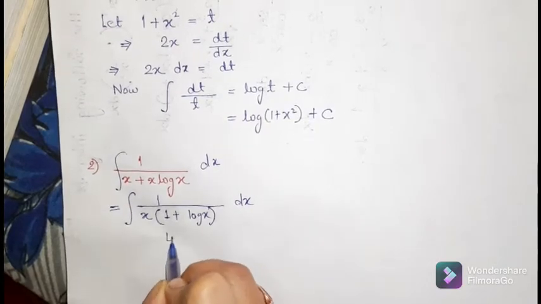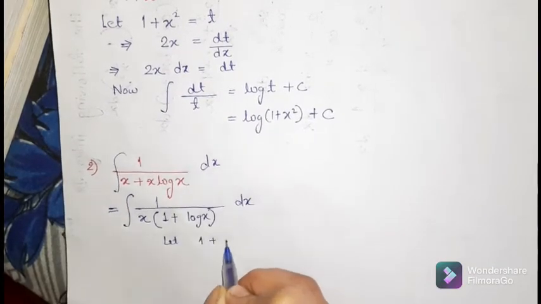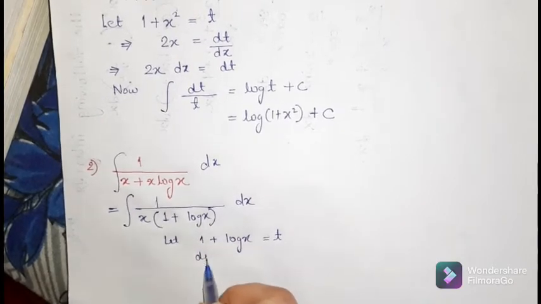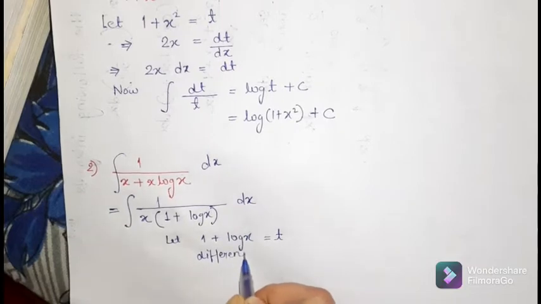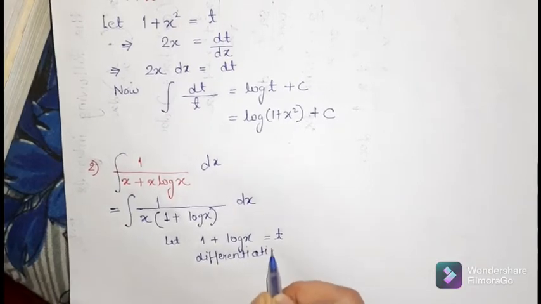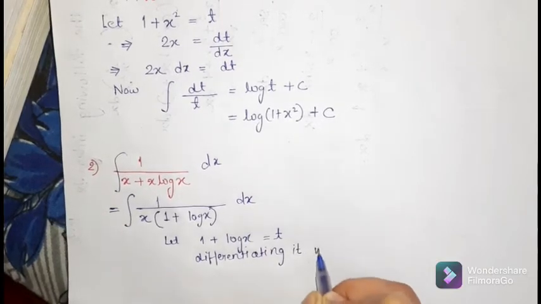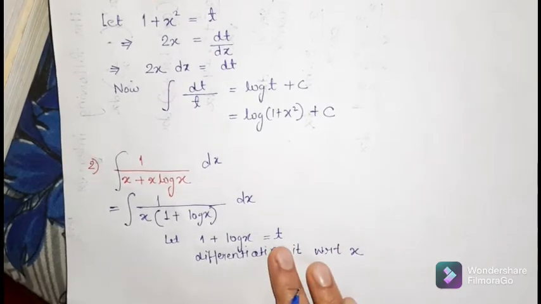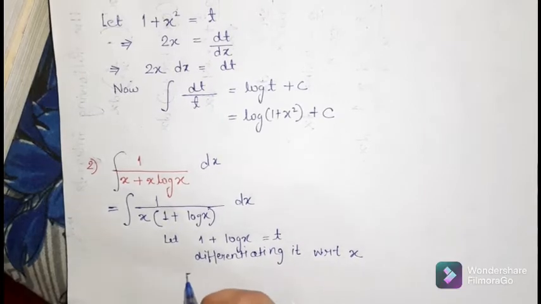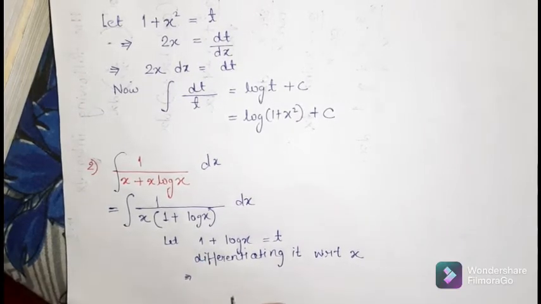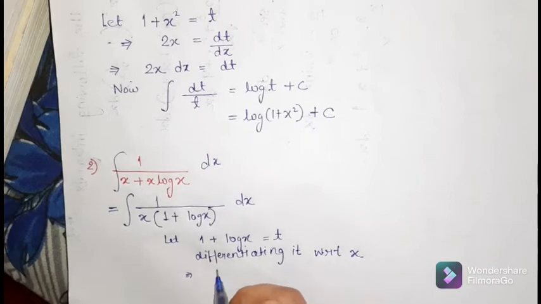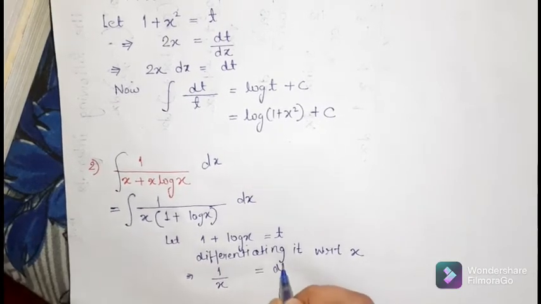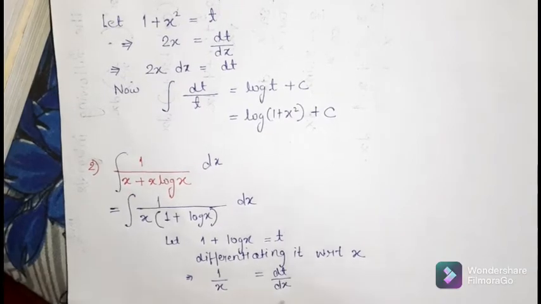Now if I put 1 plus log x equals to t, then what will I get? Let 1 plus log x equals to t, now differentiating it with respect to x. This implies differentiation of 1 is 0, differentiation of log x is 1 by x, and the differentiation of t is dt by dx.